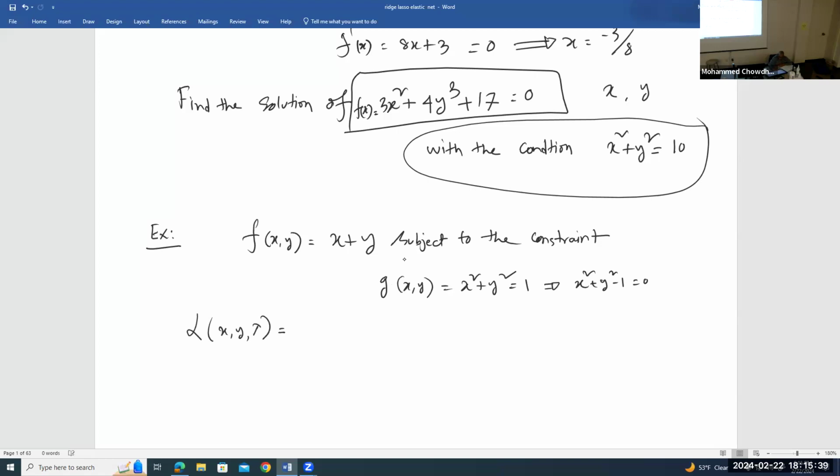Then you put the f(x, y) plus lambda times your constraint function. You can write here x square plus y square minus 1. Do you understand? So this part equals 0, right?